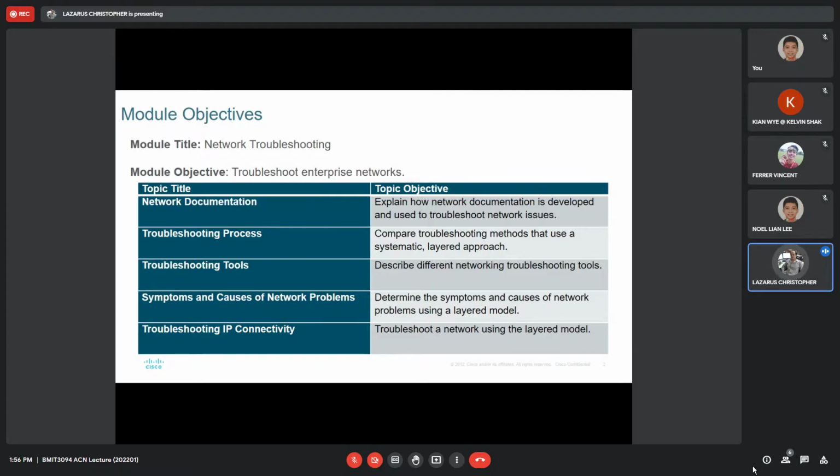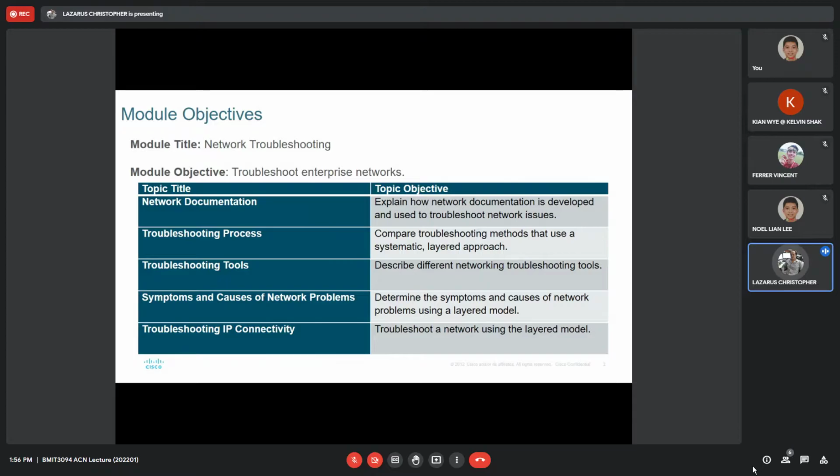Systematic way means you just follow the steps, right? So that you cover everything, so that you don't miss out something, right? So if you finish one step, you know, okay, you covered that step. Then go to the next step, right? Along the way, you might find out what the problem is, all right?